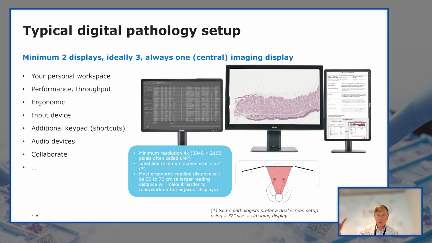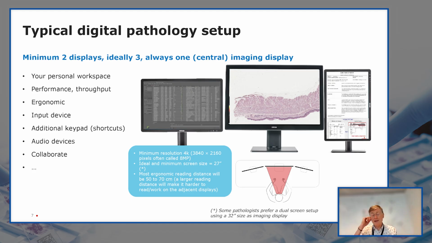So you need 27-inch, and of course you need a resolution, because those images are being scanned in not only 10x, 20x, sometimes even 40x. So you will have to zoom and pan a lot on these images to see all the details. So the resolution is at minimum where we see there is 4K, that's also 8MP. And that's 27-inch in the center.